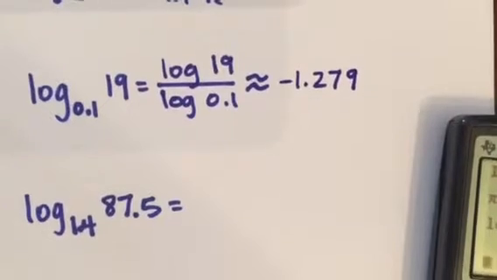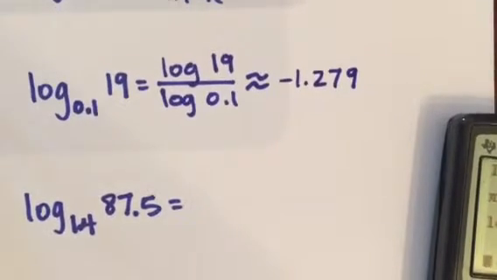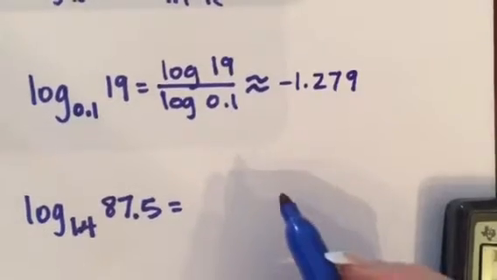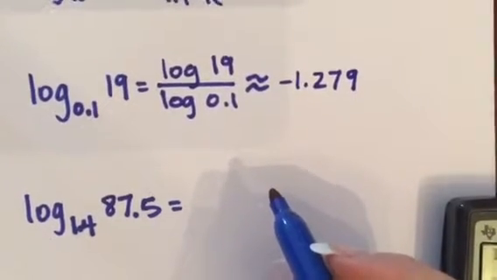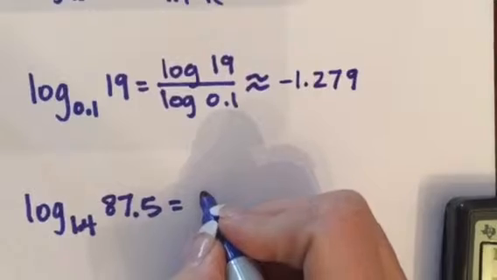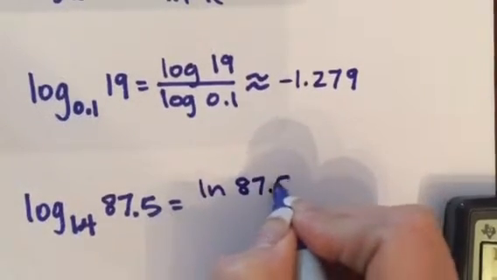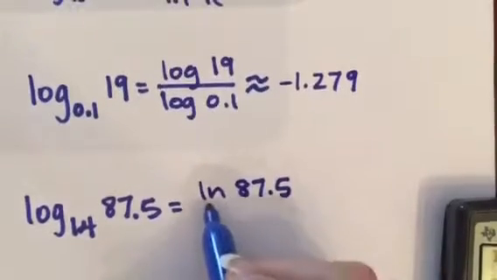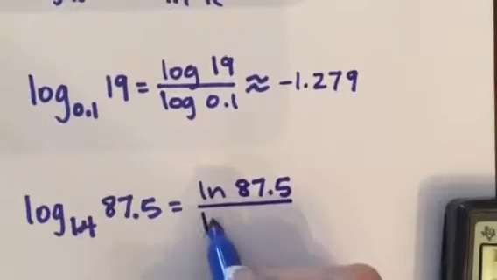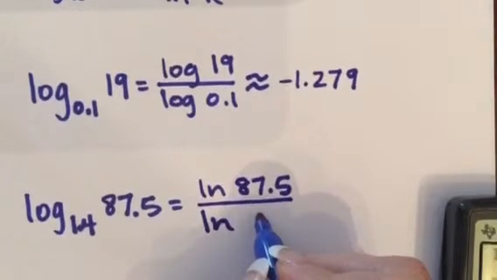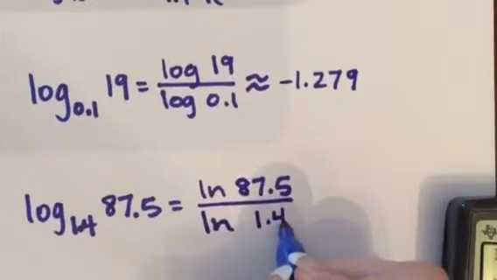Okay, and this last one, I think you're probably starting to get the hang of it by now, but we'll do this last one together. And again, let's use something natural. Let's use natural logs here. ln of 87.5 divided by ln of 1.4.